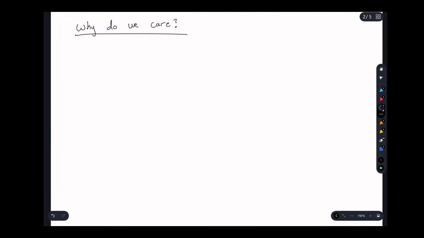Now, before we do that, let's ask, why do we even care about resonance? Well, first of all, it's very important for test marks. So clearly, if you're in organic chemistry, you want to do well in the course. Not knowing resonance isn't just going to hold you back on the resonance unit.